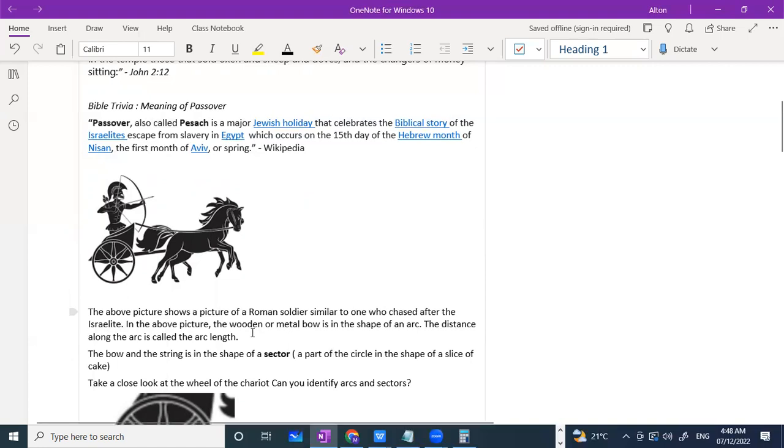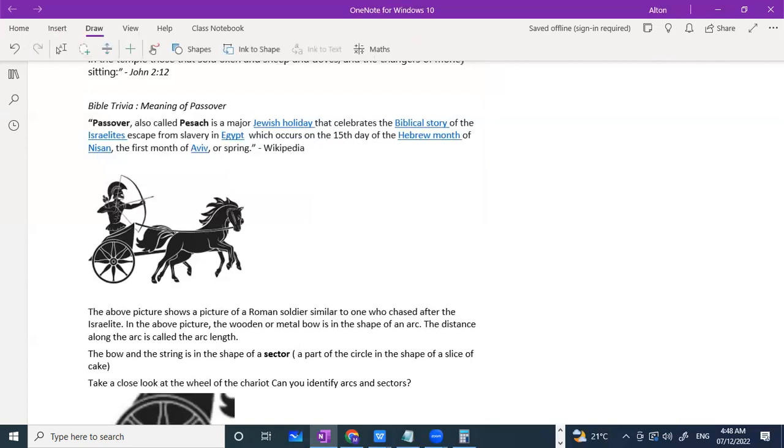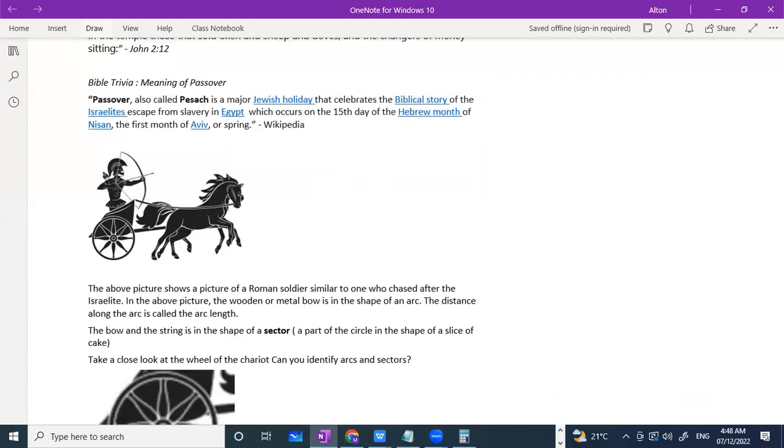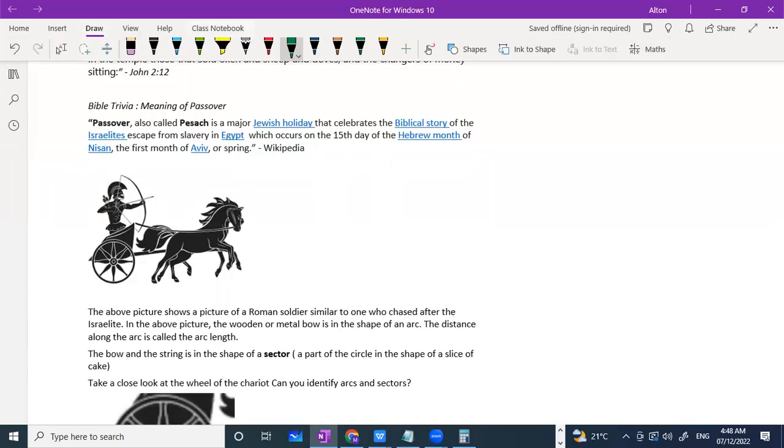So when you look further at his bow, are you seeing how it is bent? Let's look at it closely. I am seeing his bow and it's bent in the shape of what we call an arc. Here it is.